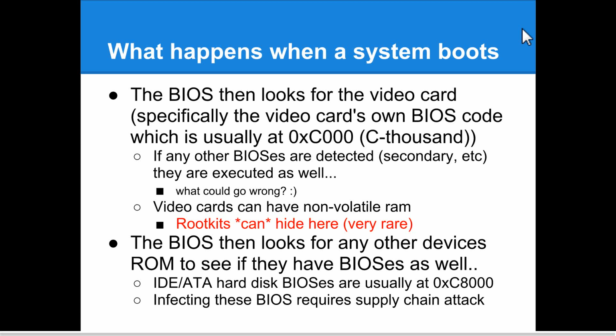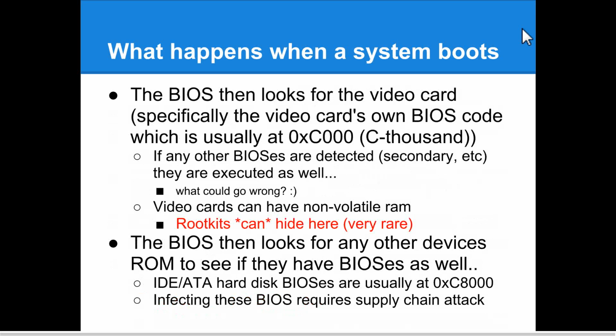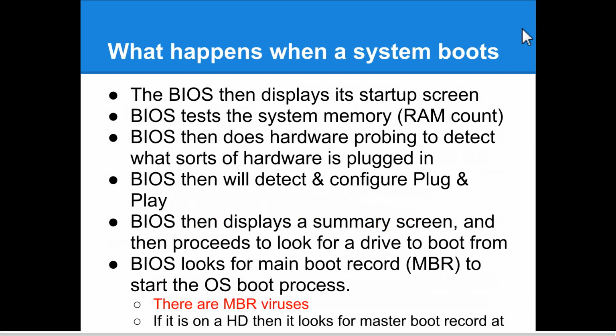However, that's a very, very, very targeted attack. The BIOS then looks for other devices and sees if they have BIOSes as well. Infecting BIOS code usually involves a supply chain attack at specific device level. So on and so on.